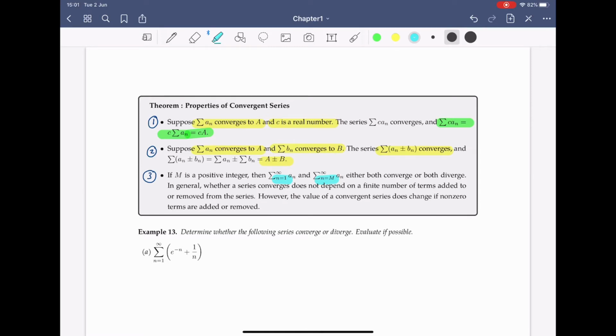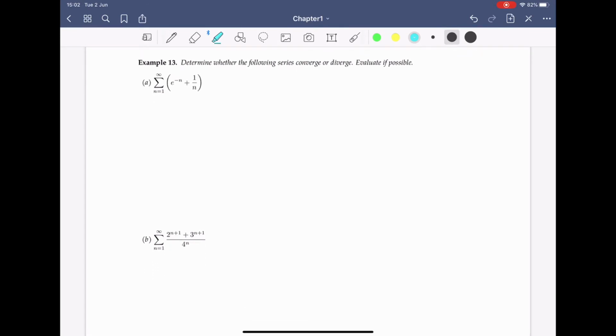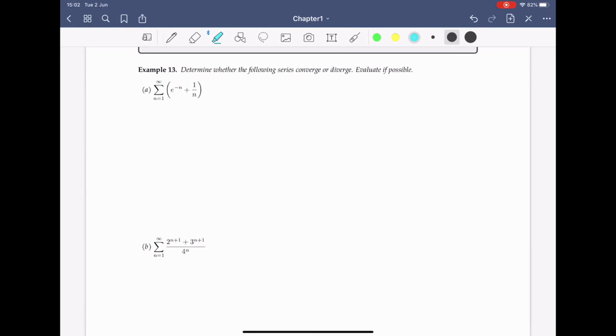Alright, so now let's do example 13. Let's determine whether the following series converge or diverge, and evaluate if possible. Let's do it. We're going to start by looking at this.